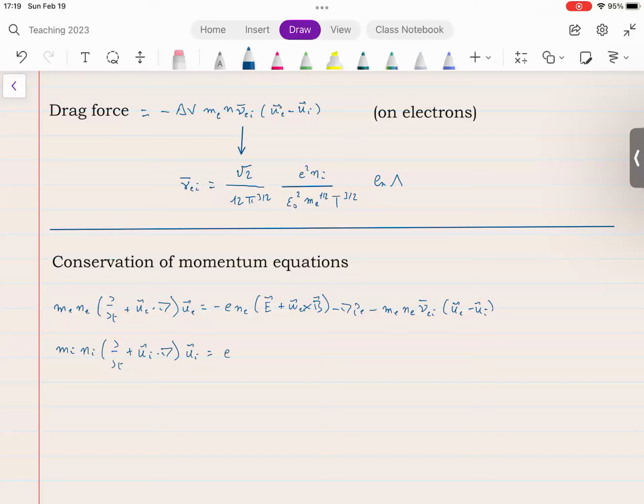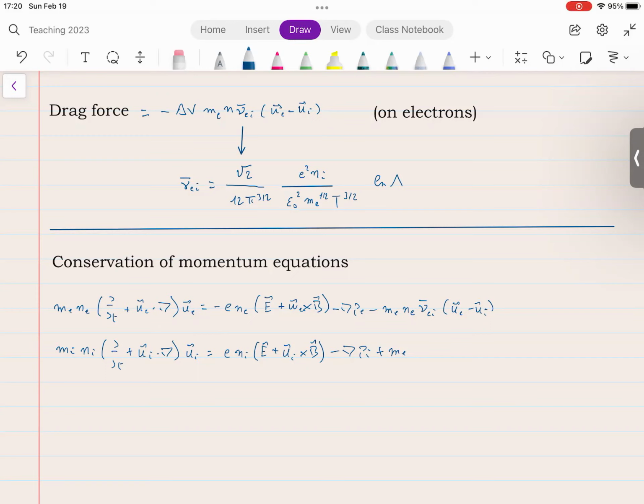This is going to be e times n_i times E plus u_i cross B minus grad P_i plus m_e m_i. No, sorry. Oof. I'm making a mess.